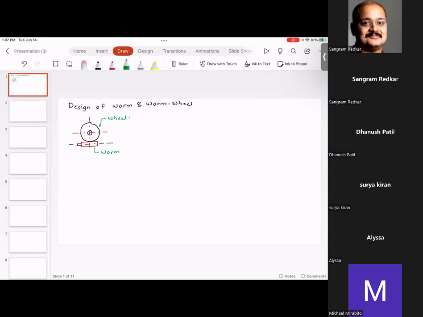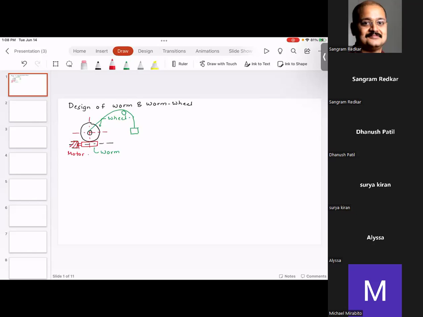And the biggest advantage of the worm wheel is unidirectional power transmission. What it means is if you connect a motor here, and you connect some type of load here, then you can rotate the worm in a clockwise or counterclockwise direction, and the wheel would rotate clockwise or counterclockwise.